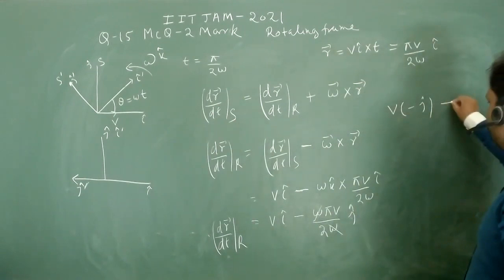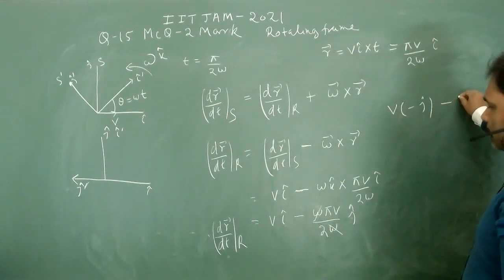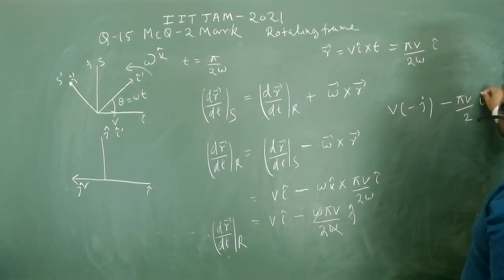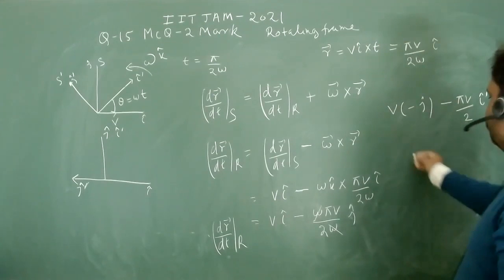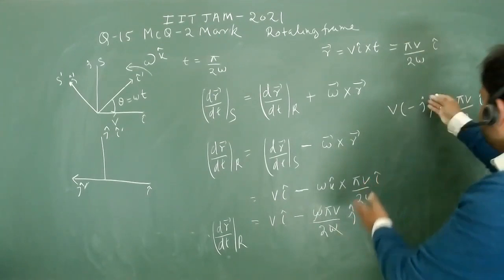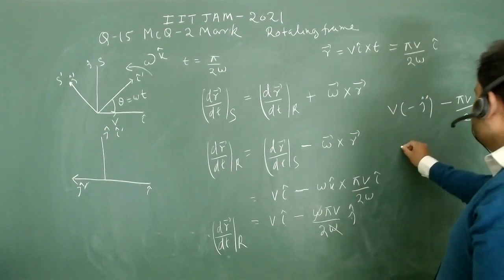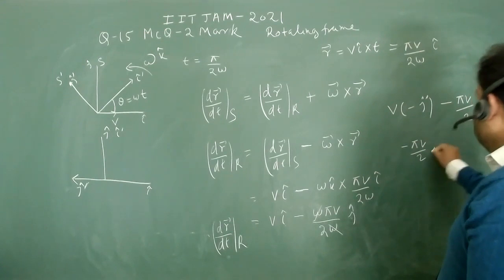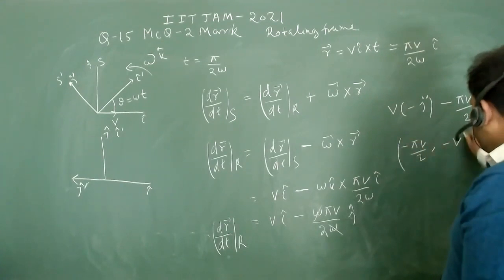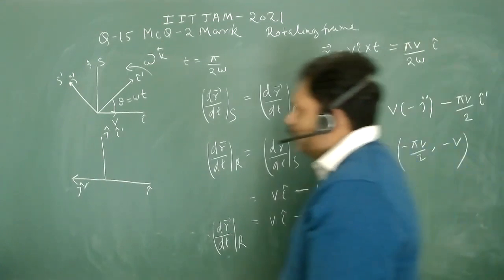So we have minus pi v upon 2 i dash cap. So my answer, for i dash and j dash, will be minus pi v upon 2 and minus v. So this will be your answer to this particular problem.